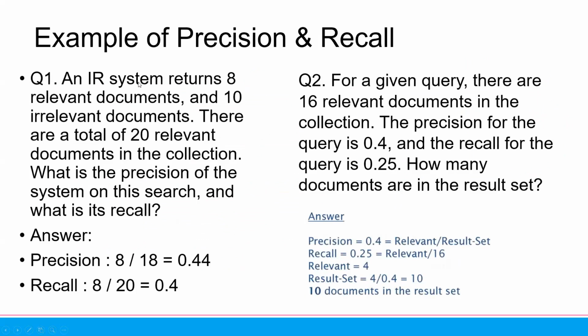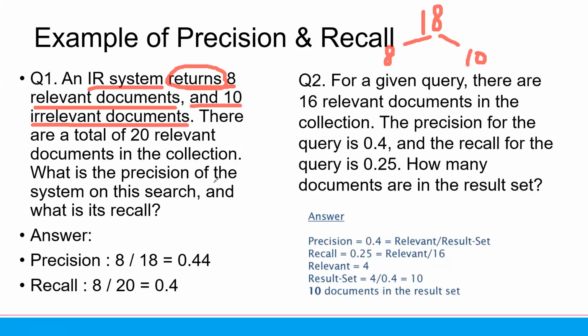For example, we have an IR system, and it returns 8 relevant documents and 10 irrelevant documents. The keyword is returns. This means I got the documents. So I have 18 documents, and 8 of them are relevant, 10 of them are irrelevant.